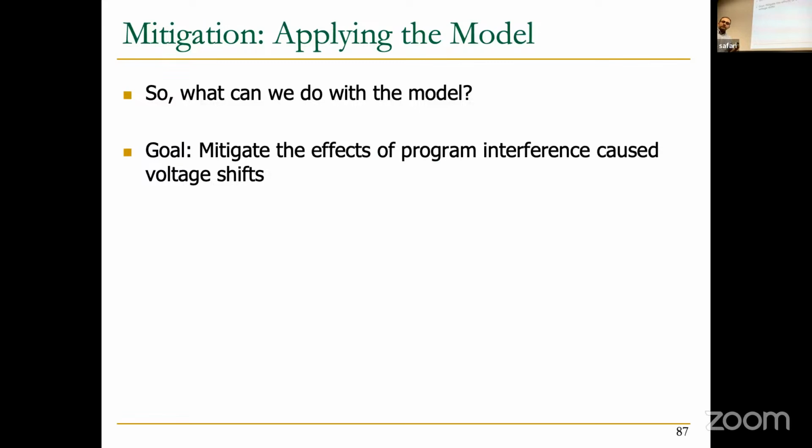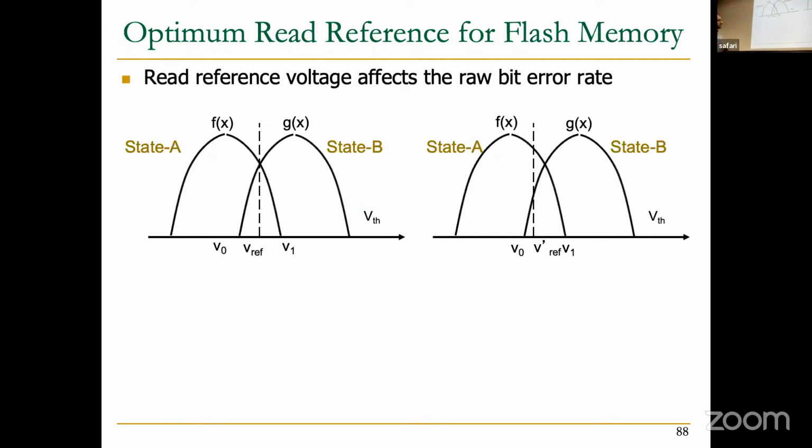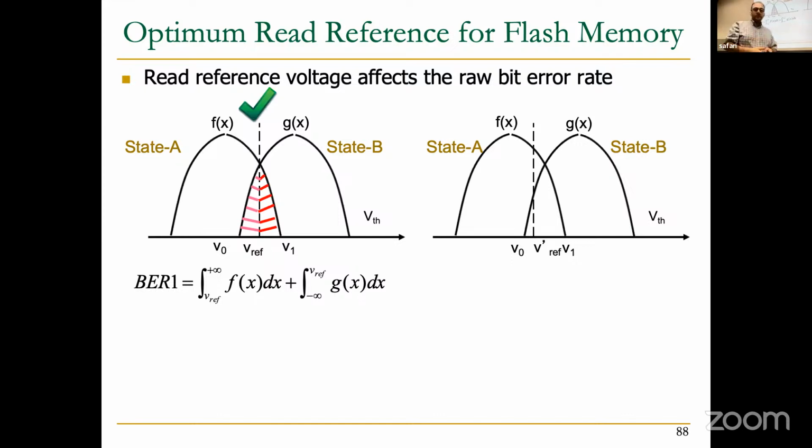Now that we have the model and we understand the changes in threshold voltage, whether the margin shifts to the left or to the right, we can use it to understand our threshold voltage. So when we have this kind of distribution, we want to place the reference voltage here, which minimizes the errors.